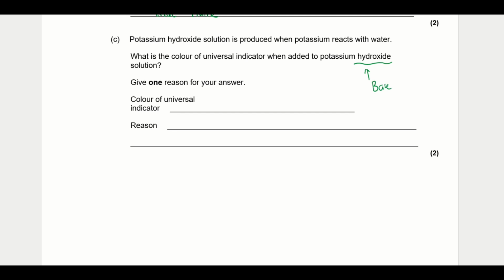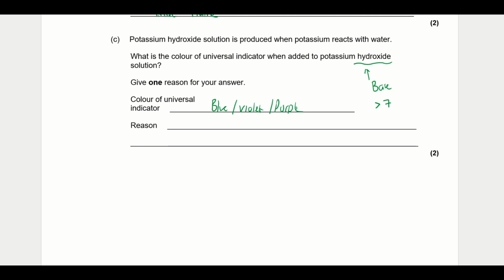And in 99% of cases it will be a soluble base, which means it's an alkali, but anything that's a base has a pH of more than 7. So universal indicator in this particular case, we can have blue, we can have violet, or we can have purple. Any of those are perfectly adequate responses to this.